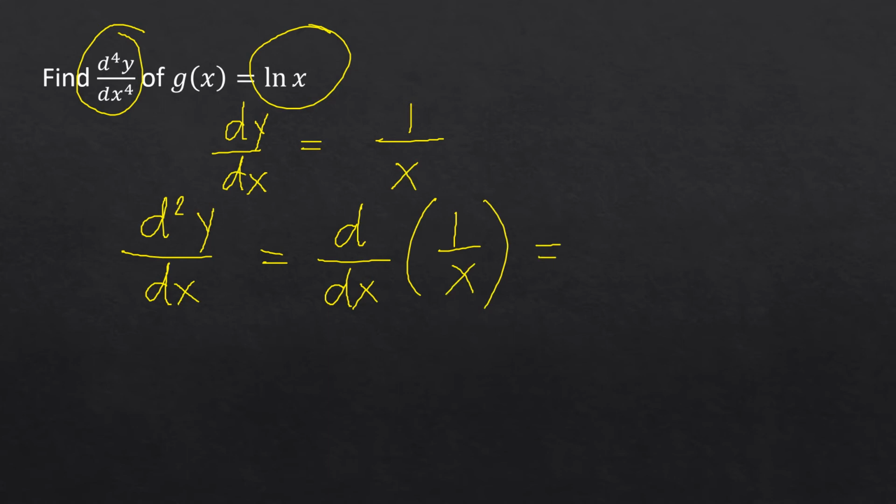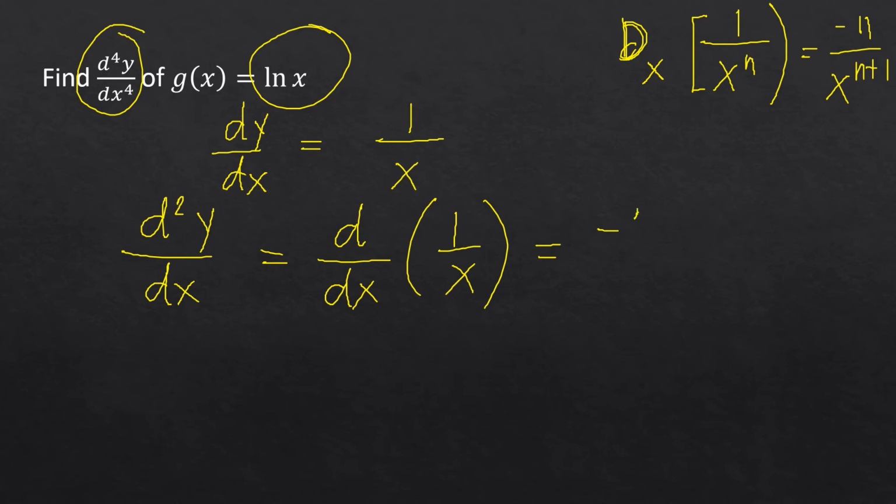So using the rule of differentiating rational functions, recall 1 over x raised to n, differentiate that is equal to negative n over x raised to n plus 1. Please take note of that. So our answer here is negative 1 over x squared, kasi ang n natin dito is equal to 1.